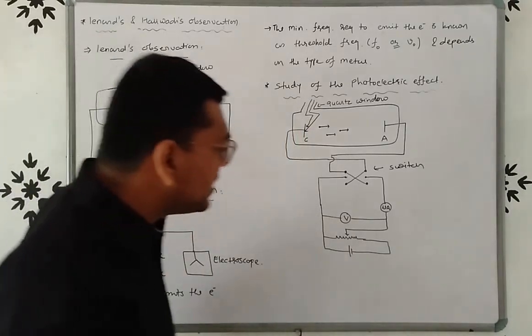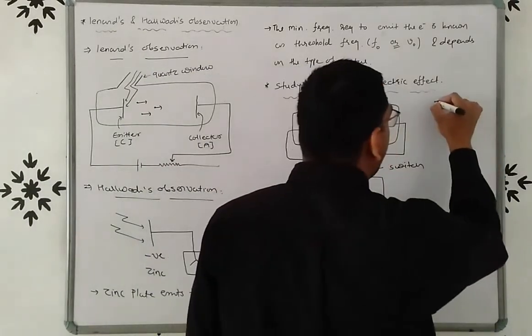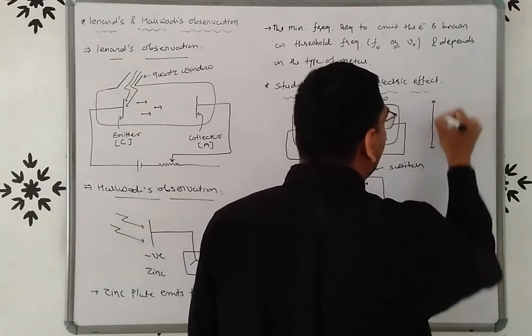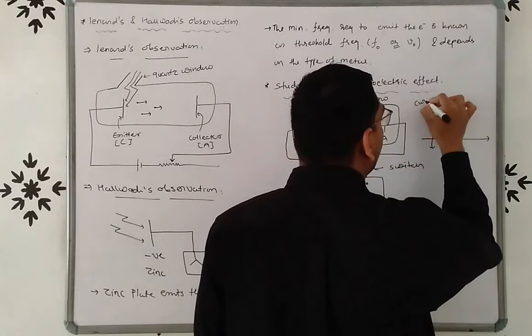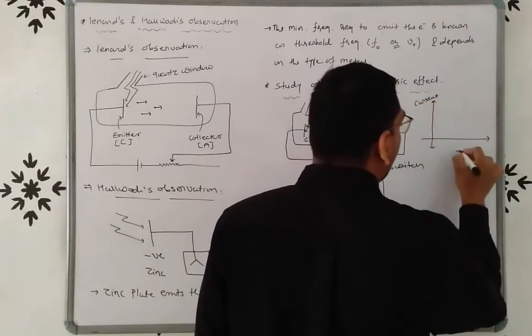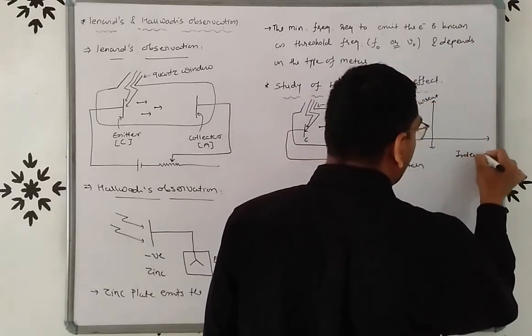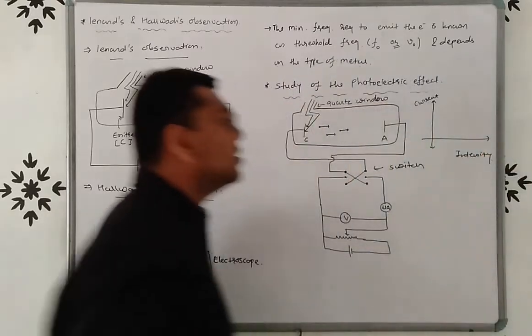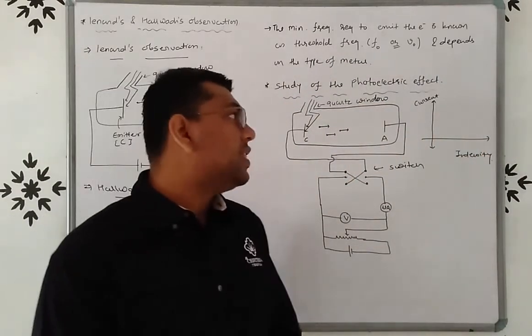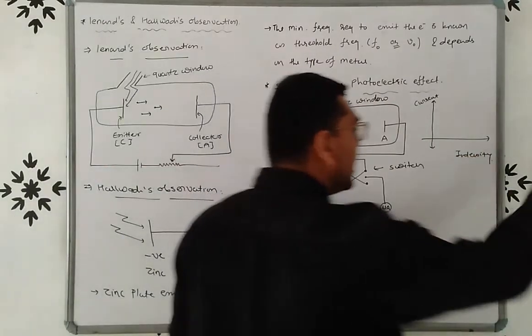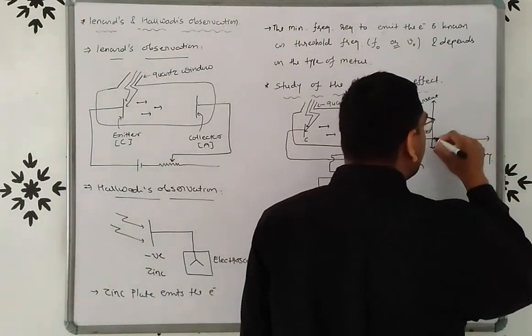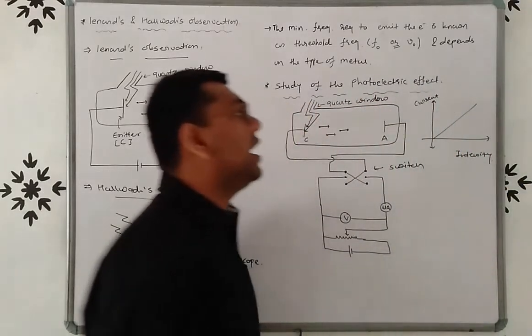So the first study was carried out between the current and intensity, and the conclusion is, as the intensity of the radiation increases, the current also increases.